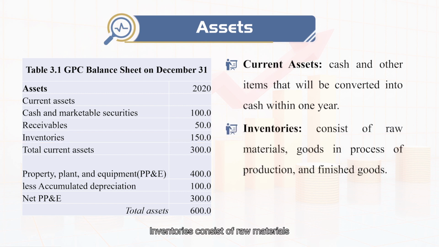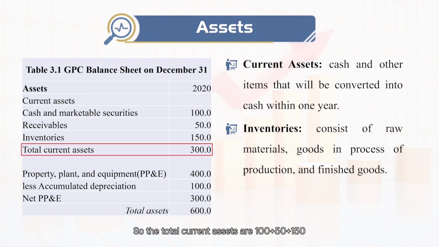Inventories consist of raw materials, goods in process of production, and finished goods. So the total current assets are 100 plus 50 plus 150, $300 million.